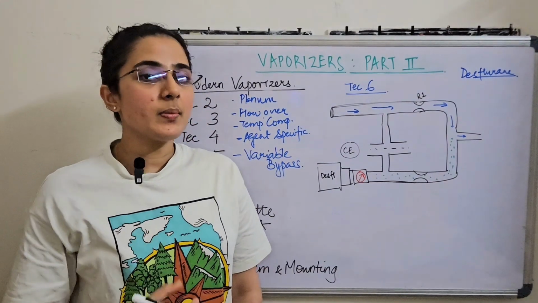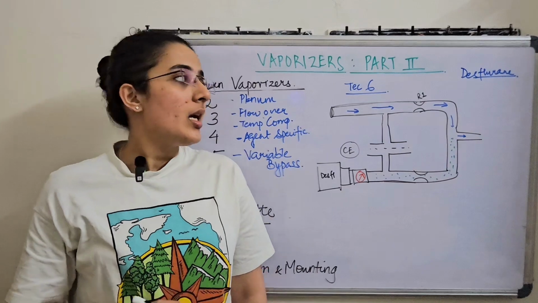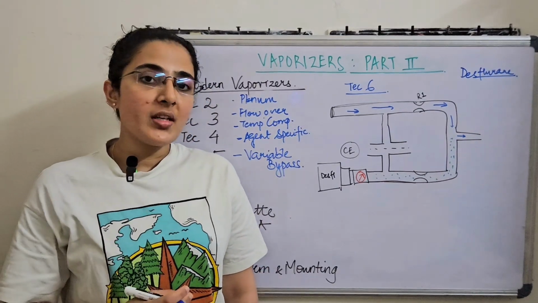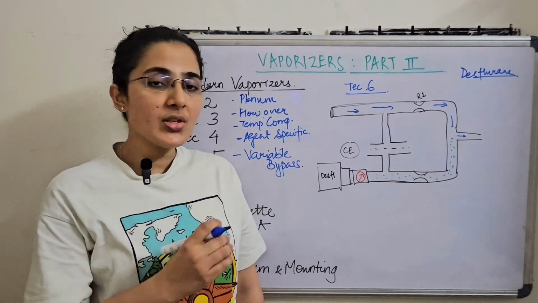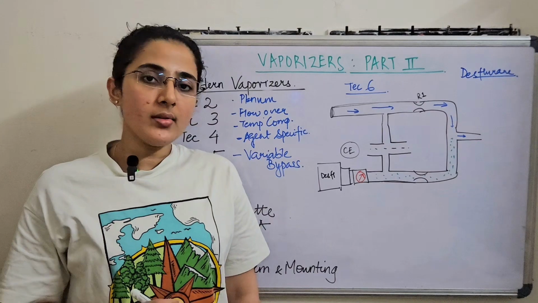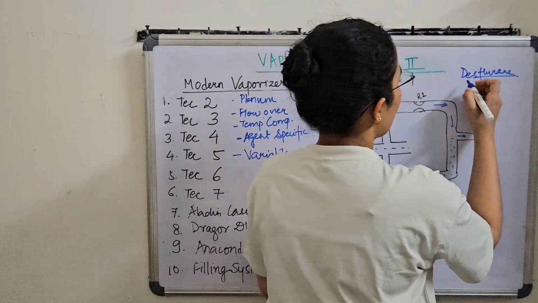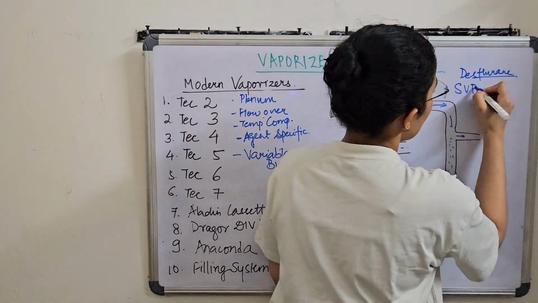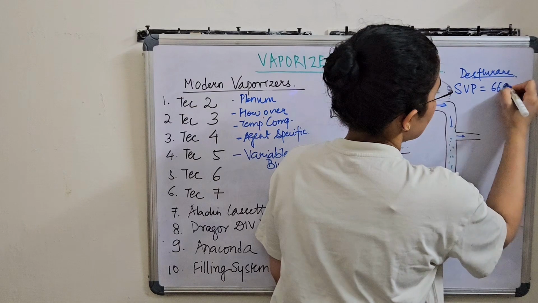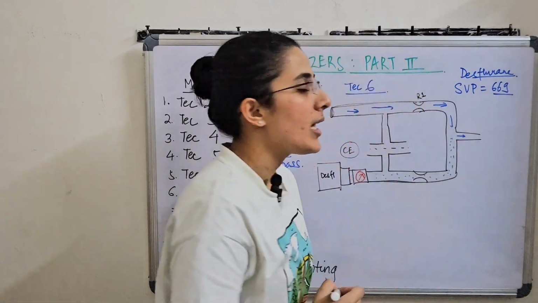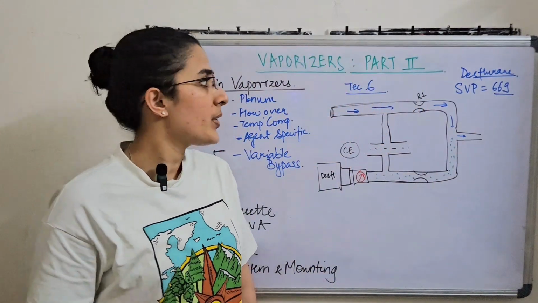So why is it a special type of vaporizer? Its special features lie in the agent itself. As we all know, desflurane has a saturated vapor pressure of 669 mmHg at 1 atmospheric pressure.